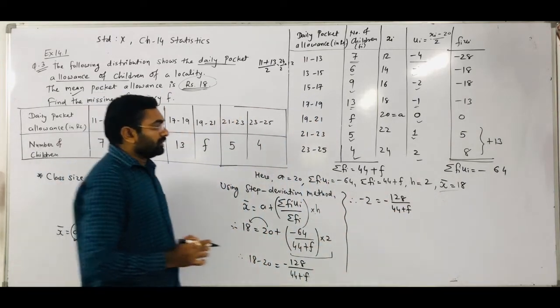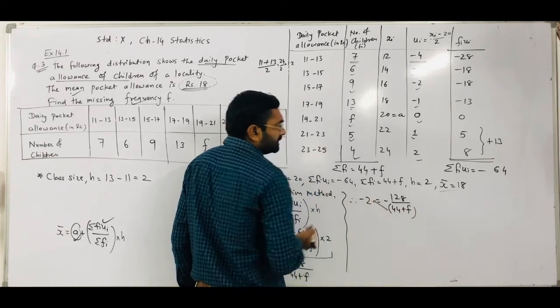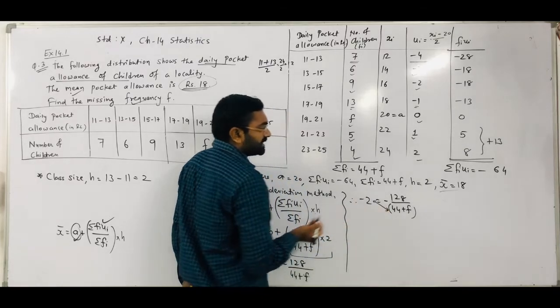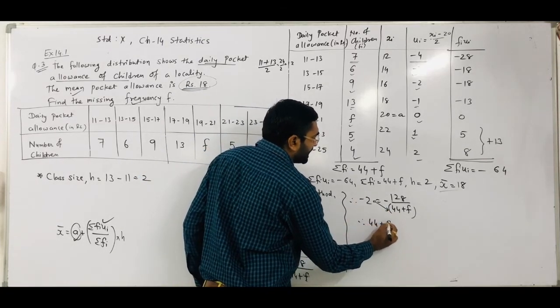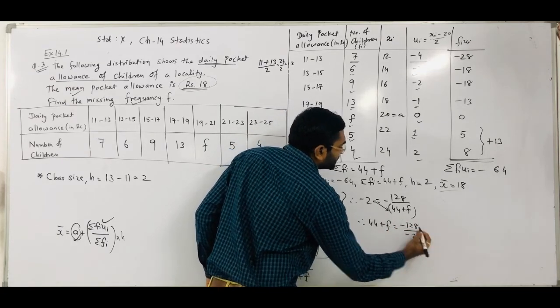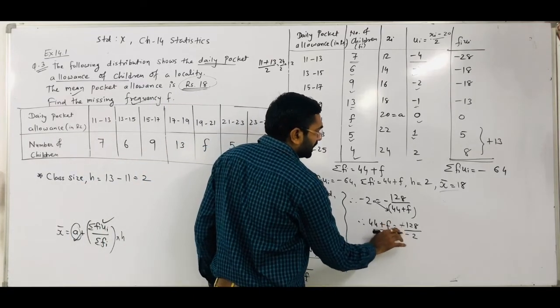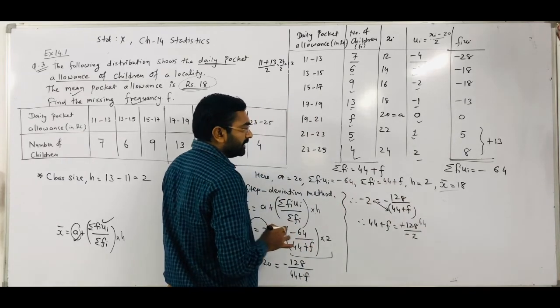Okay. Now this 44 plus f comes to the left hand side and multiplies with the numerator, and then minus 2 goes to the right hand side in the denominator. So we get 44 plus f is equal to minus 128 divided by minus 2. Right? So minus is cancelled out, and 2 64s are 128.